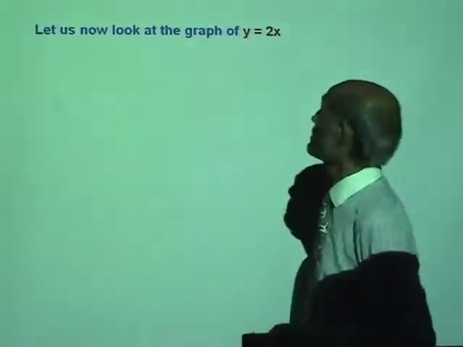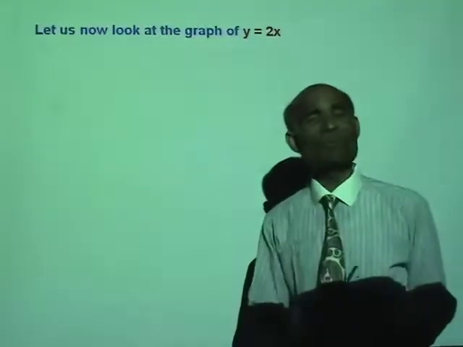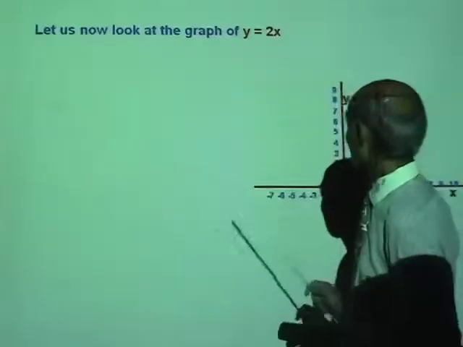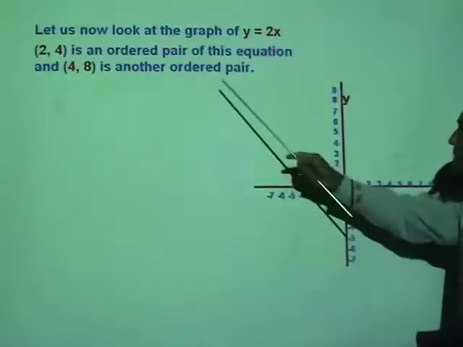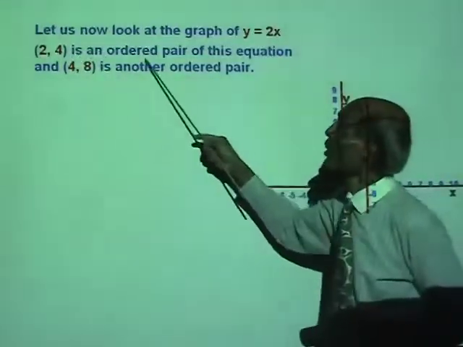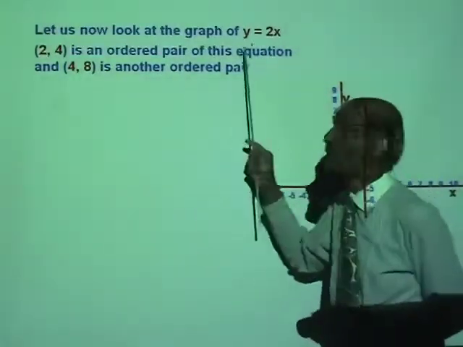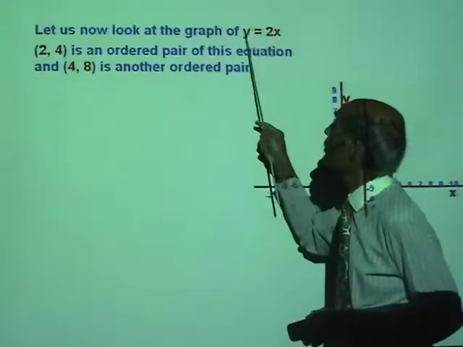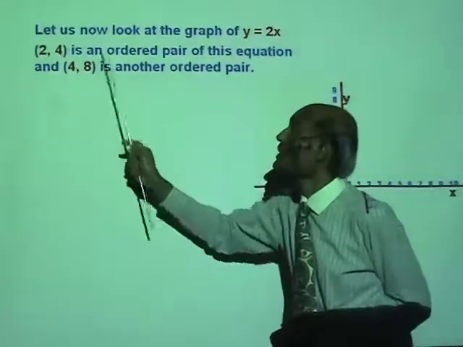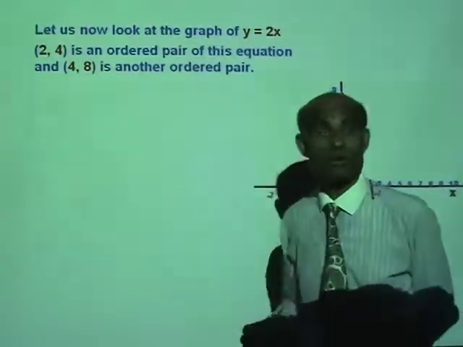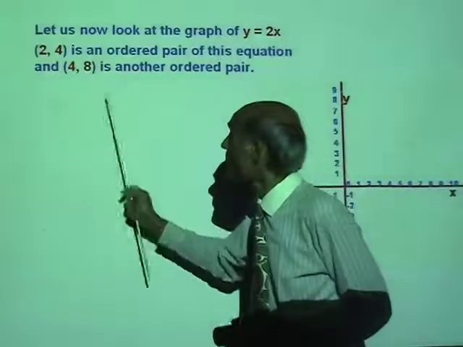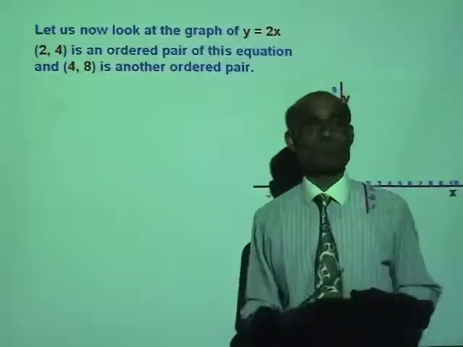Let's now look at the graph of y equal to 2x. Alright, how does the graph look? Now, 2, 4 is an ordered pair of this equation. Is that right? When x equal to 2, y will be equal to 4. 2, 4 is an ordered pair. 4, 8 is another ordered pair.